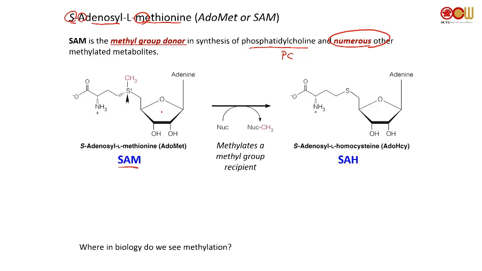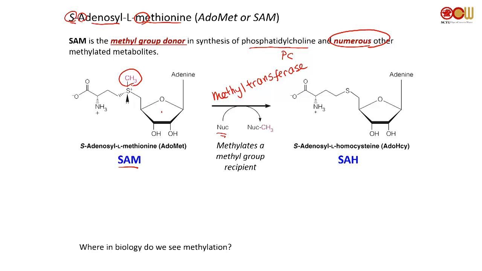Then you can use a methyltransferase. So these things are typically called methyltransferase. Or sometimes it's going to be called methylase. It's weird. Methyltransferase, yeah. All right, so methyltransferase, now what it can do is you can then have some kind of a recipient, okay, some kind of recipient, and then you're going to throw this methyl group onto the recipient.